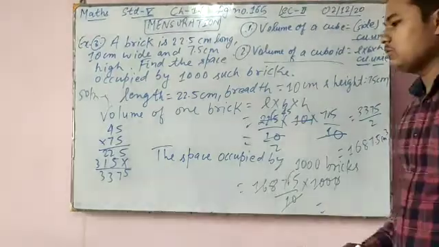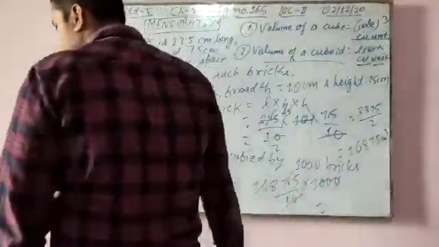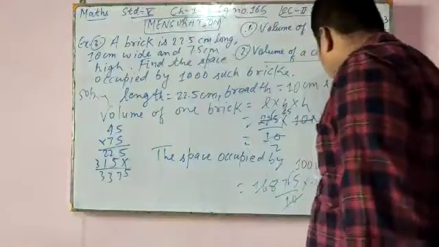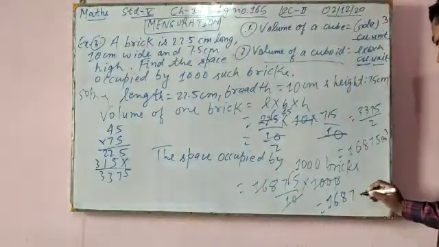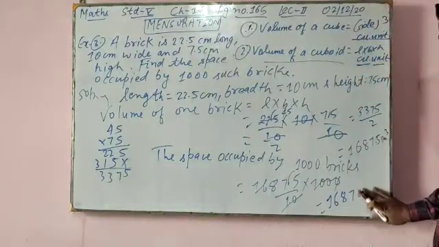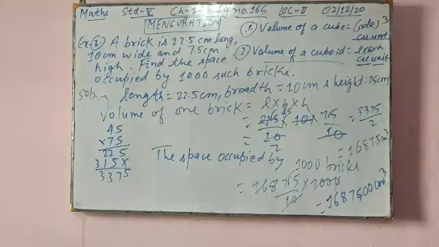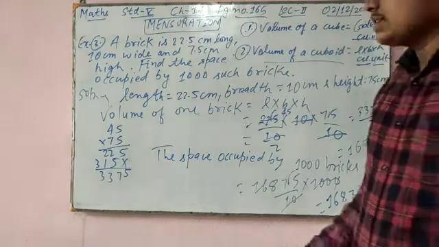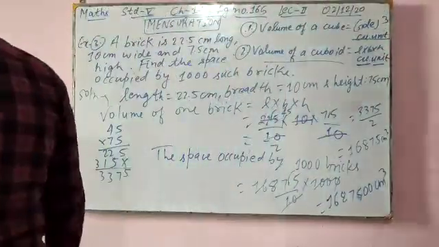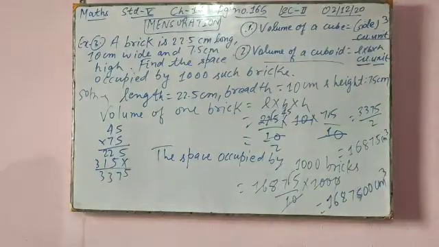So the answer will be how much space it has occupied. So it has occupied 1687500 centimeter cube. So ones, tens, hundred, thousand, 10,000, lakh, 10 lakh. 16,87,500 centimeter cube space it has taken. Okay.